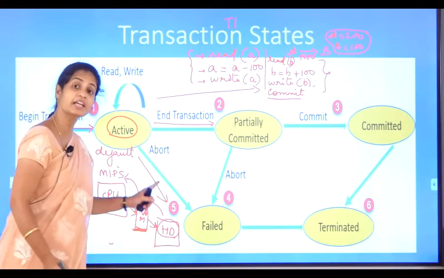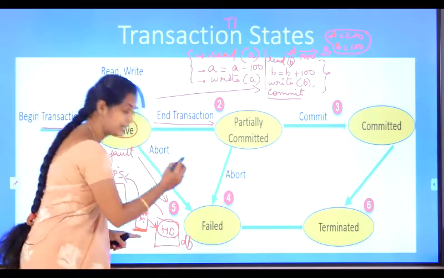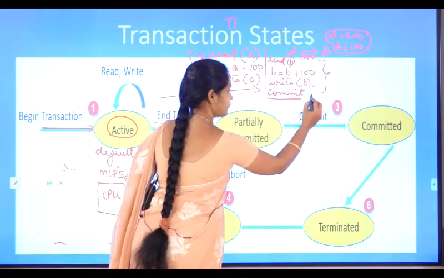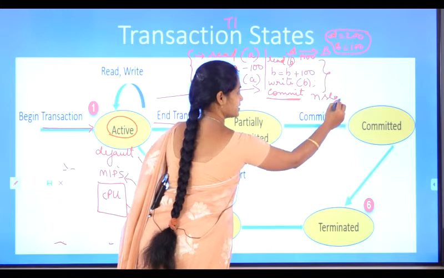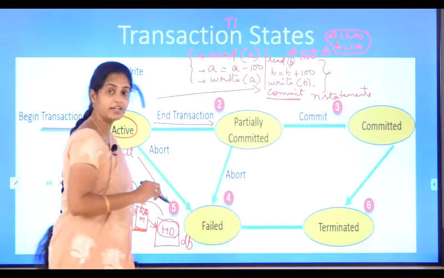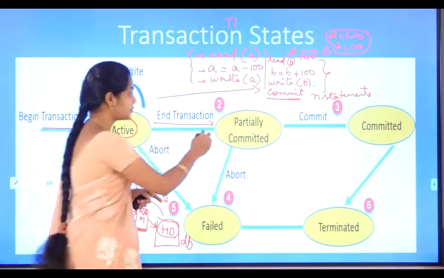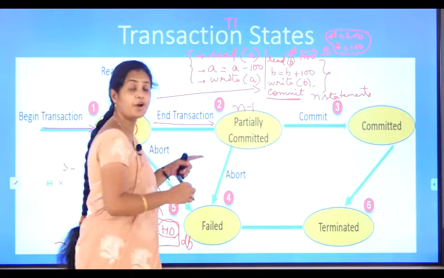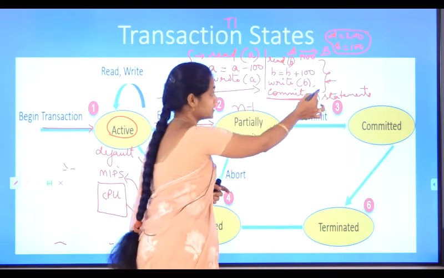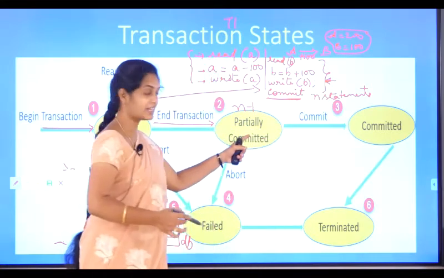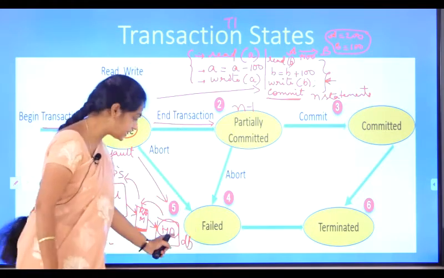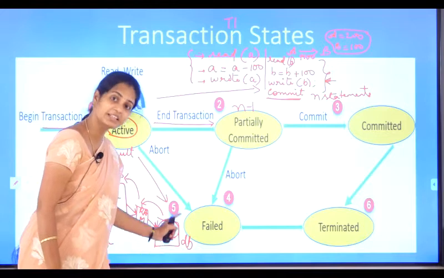The hard disk here is nothing but the database. Suppose we have n statements in the transaction: n-1 statements will be in a partially committed state, because these instructions will not be saved in the secondary memory, that is, the database.